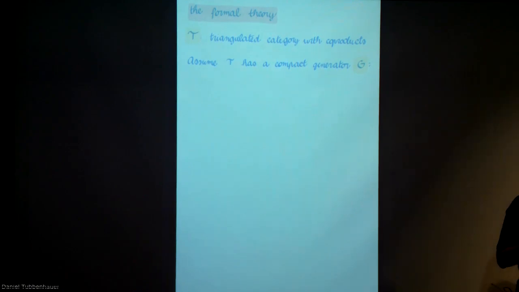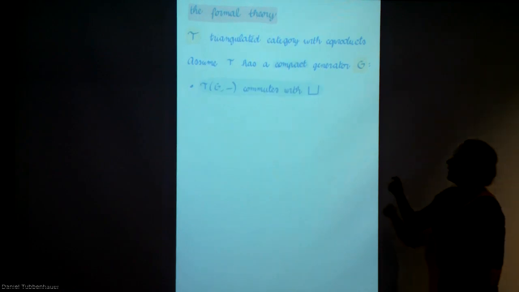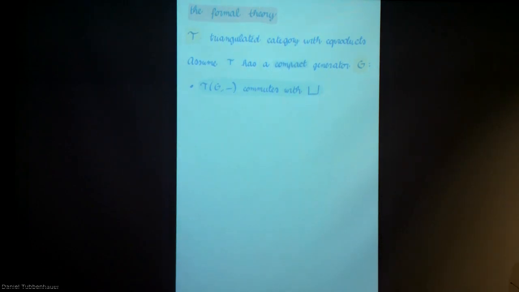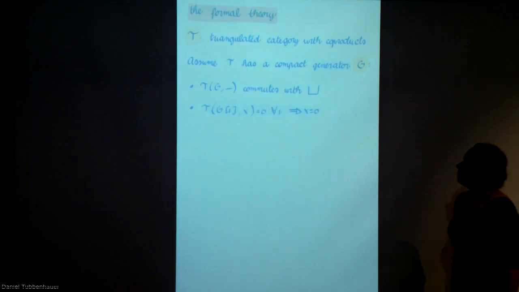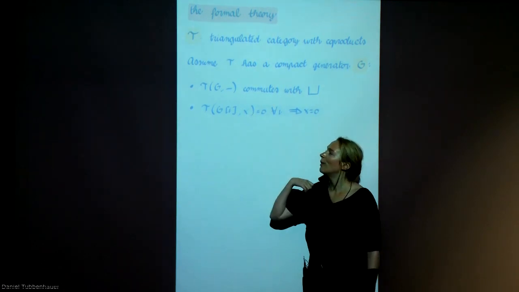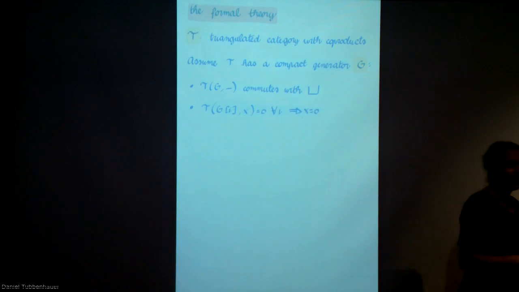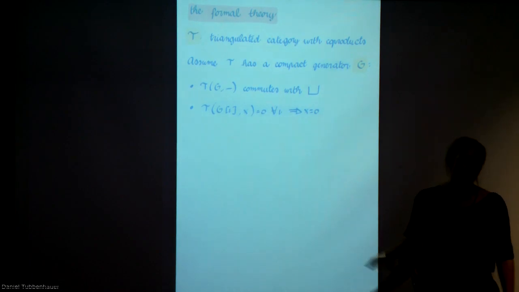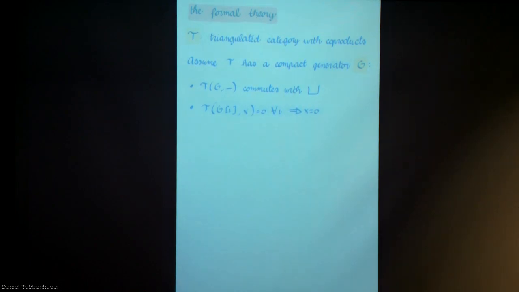We're going to assume that it has some compact generator, G. What does that mean? G being compact means that Hom spaces out of G, as a functor, commute with coproducts. And it being a generator means that for any non-zero object, there is at least one morphism from some suspension of G into it. So you can test being non-zero on maps from G or its suspensions.